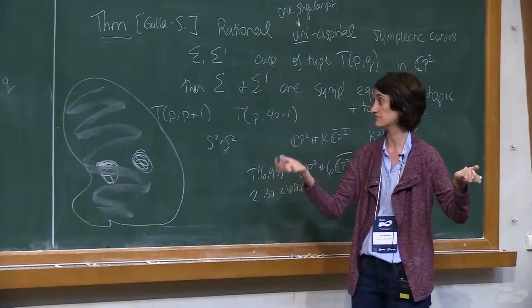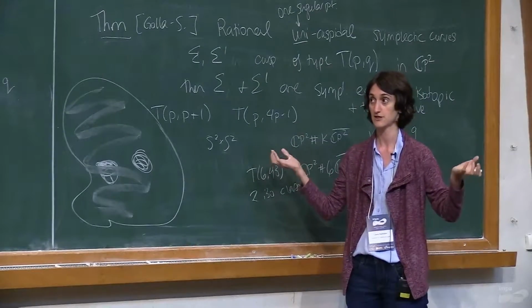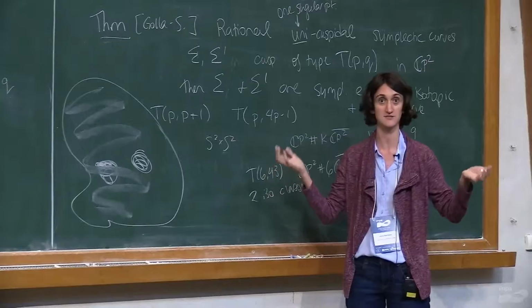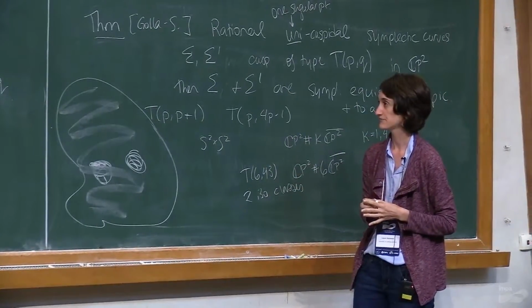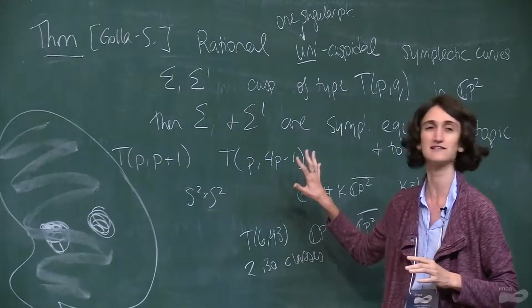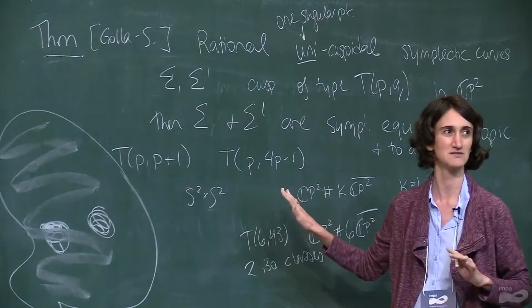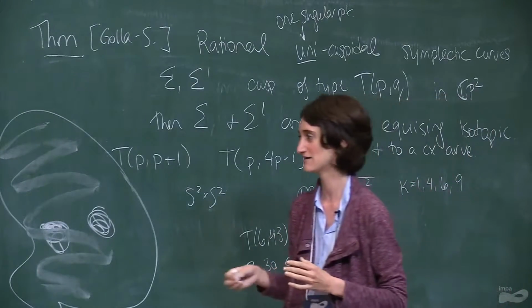And this says the answer is yes, they're diffeotopic to each other in this case. They would be called Zariski pairs if they weren't diffeotopic. So there are no Zariski pairs with this type. It's not clear in the literature that they knew this, but maybe you can put together a bunch of results and maybe they knew that.